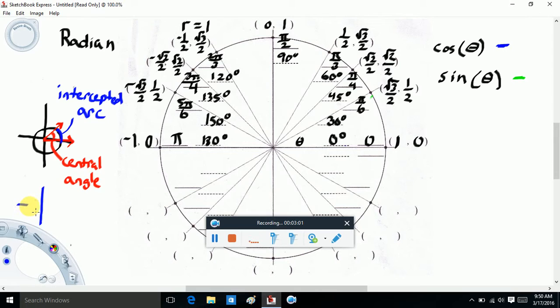So if we drew another diagram, this is r right here, that's r, and then we have another radius right here, that's also r, and then this intercepted arc is also r. So you have two radii right here.